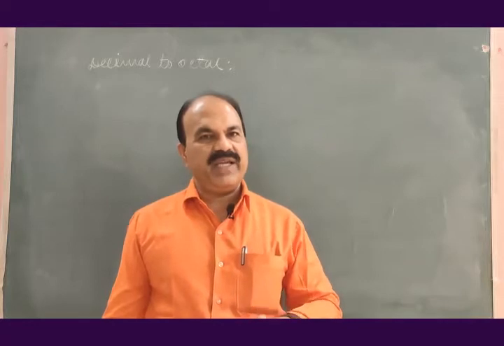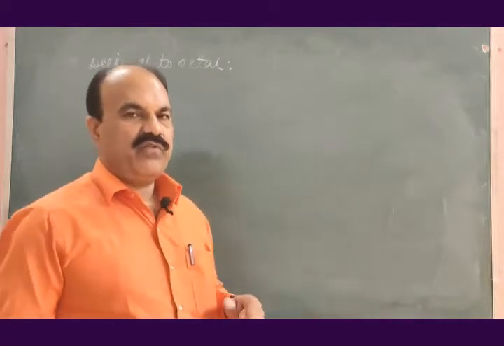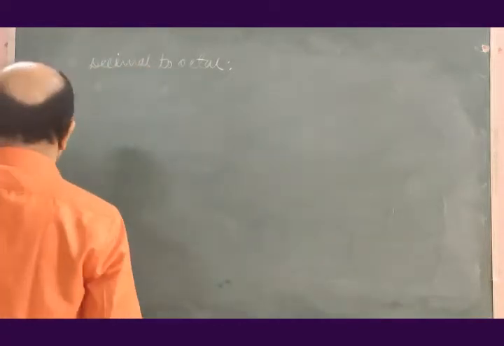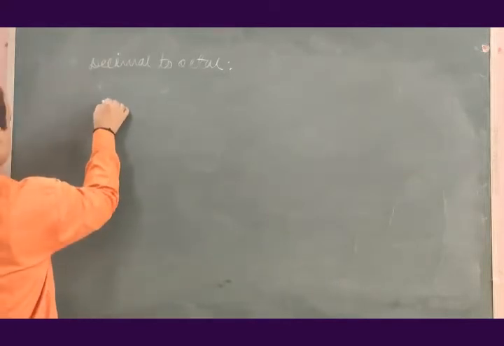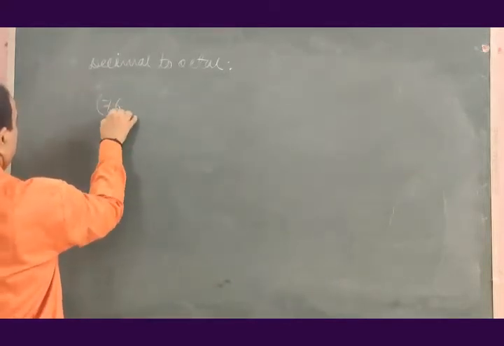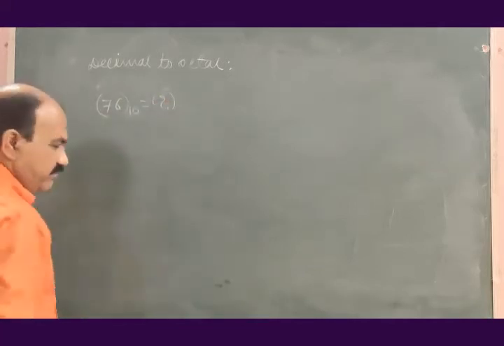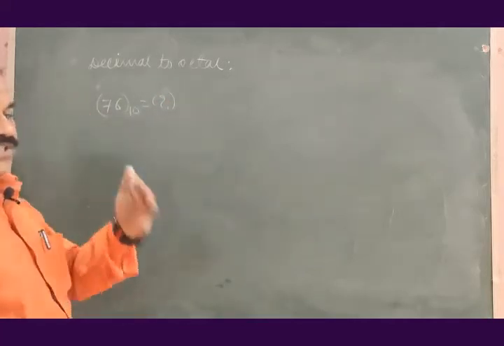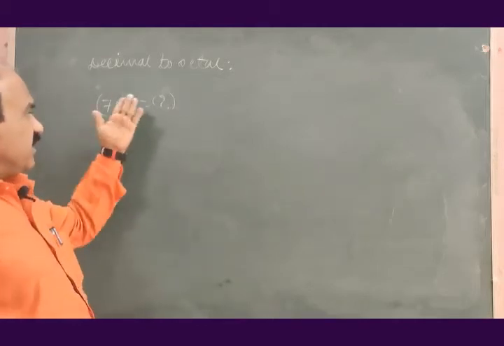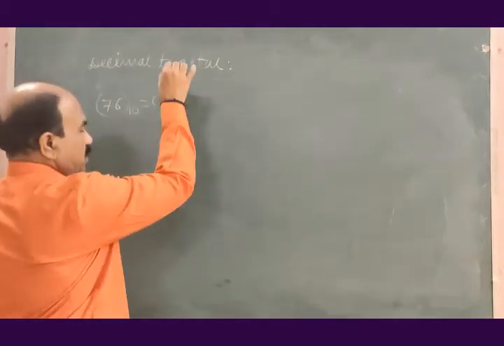The division will be integer division. For example, you are given 76 in decimal and asked to convert it into octal.